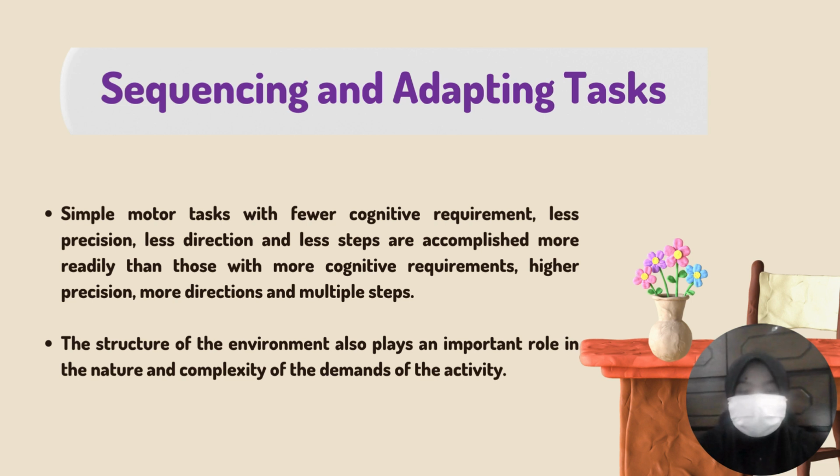So next, for the fifth point, simple motor tasks with fewer cognitive requirements, less precision, less direction, and fewer steps are accomplished more readily than those with more cognitive requirements, higher precision, and more direction with multiple steps.